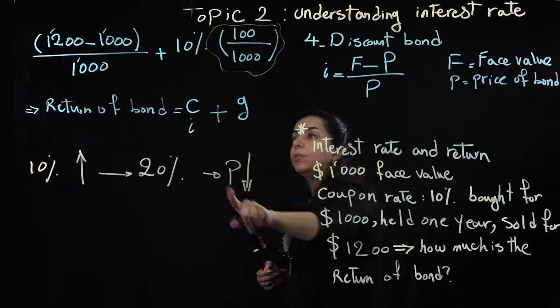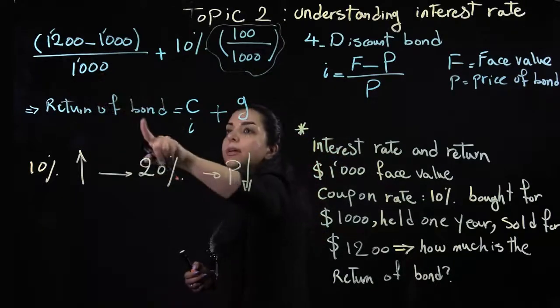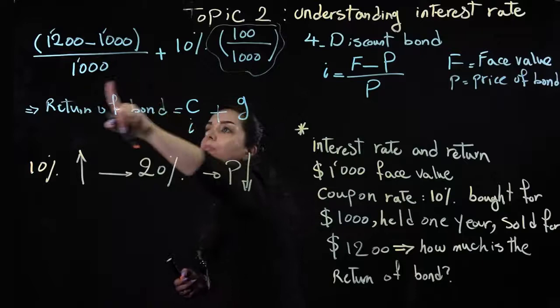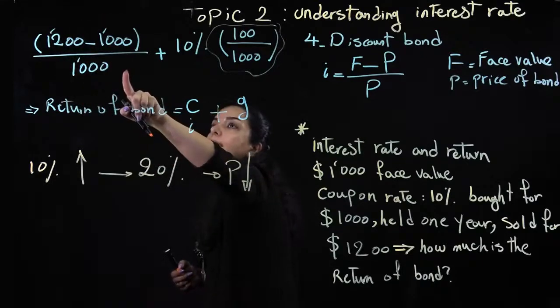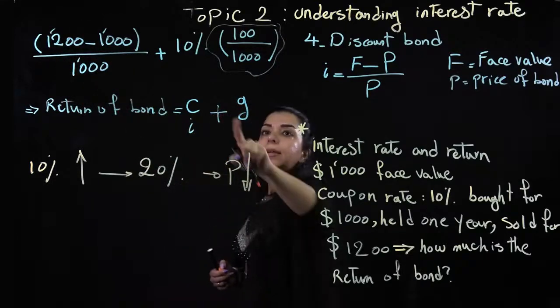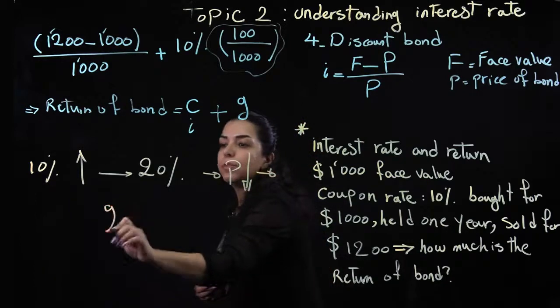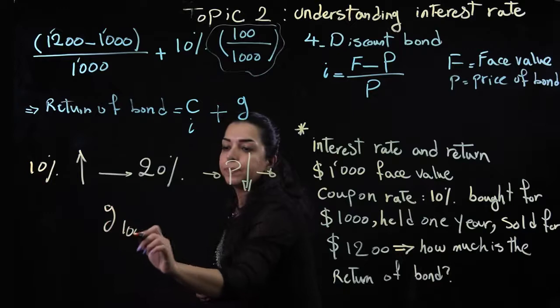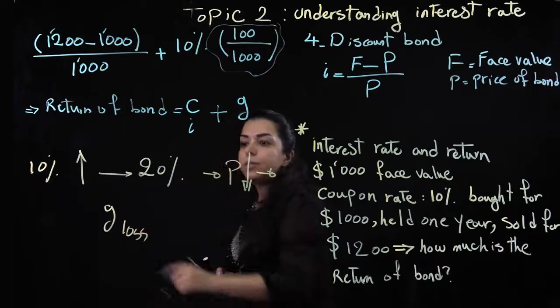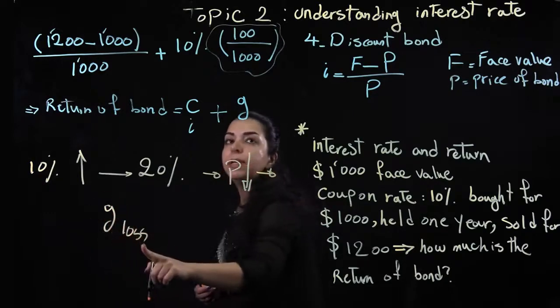The reduction in the bond price means that this component of the return of the bond turns negative. And instead of capital gain, we're going to experience a capital loss. So it means that G will be in loss.